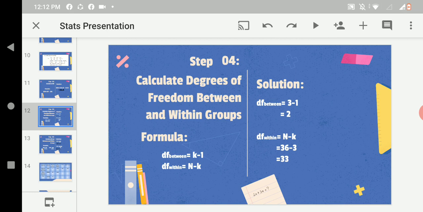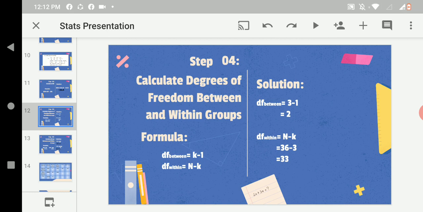So for the degrees of freedom between groups, we have the formula k minus 1, and the degrees of freedom within groups is n minus k. So n is the number of data, and k is the number of groups.